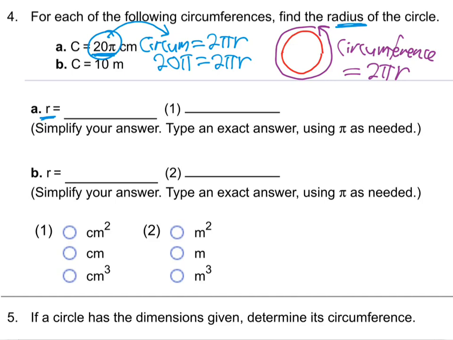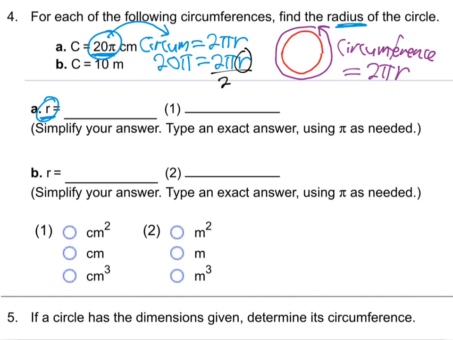Good so far? So you just plug 20 pi in for the word circumference. And then, what do they want me to find? What am I trying to solve for? R, right? So I have a little equation, and I need to solve that for r. How do we get our r alone? Get rid of this 2 pi, please, so that I can be alone.